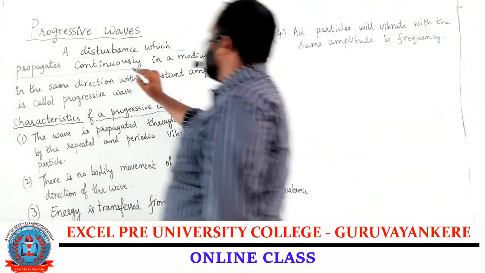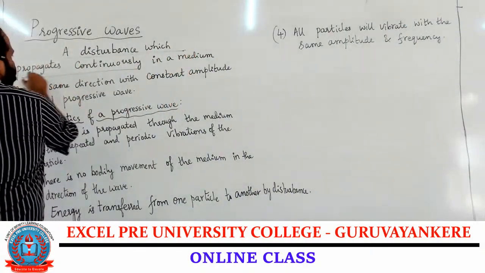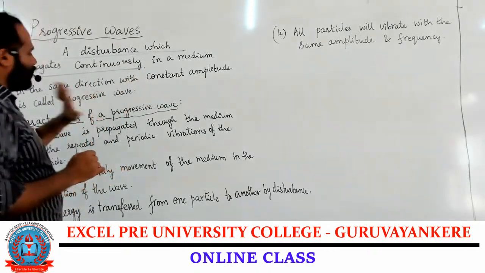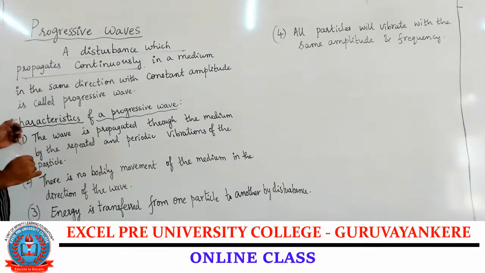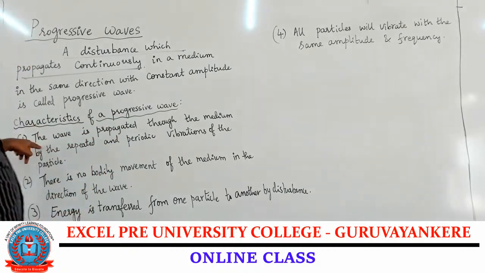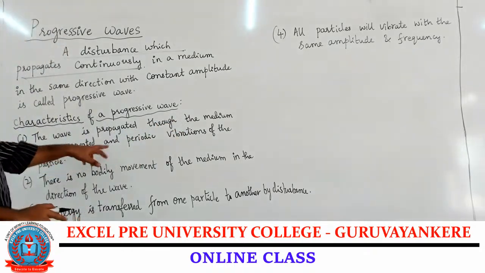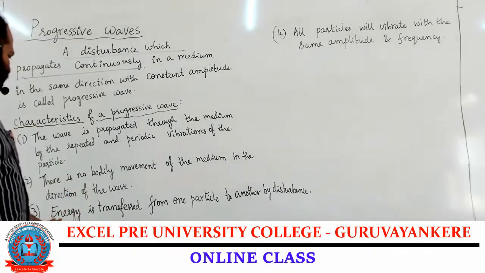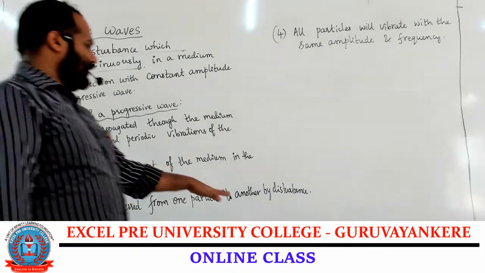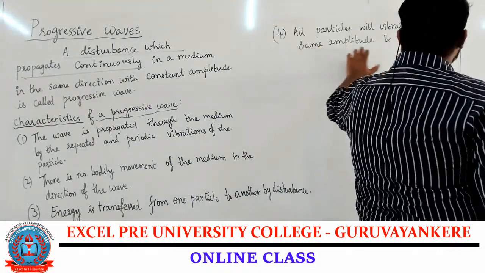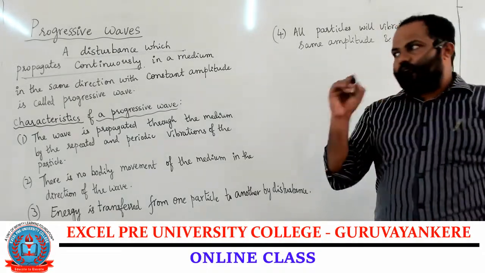So the disturbance which propagates continuously in a medium in the same direction with constant amplitude is called progressive wave. Characteristics of a progressive wave: the wave is propagated through the medium by the repeated and periodic vibrations of the particle, no bodily movement of the particle, energy is transferred from one particle to another by disturbance, all the particles will vibrate with the same amplitude and frequency.